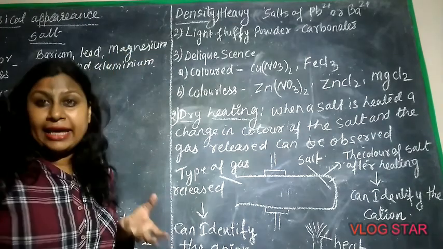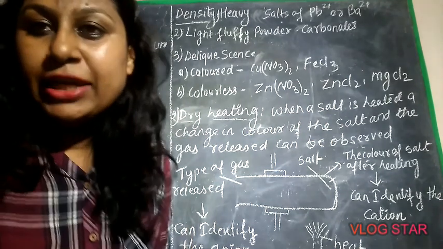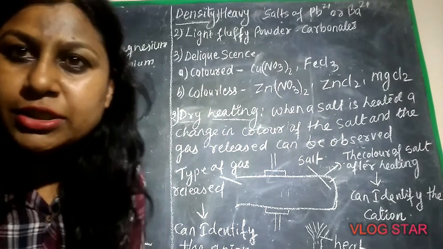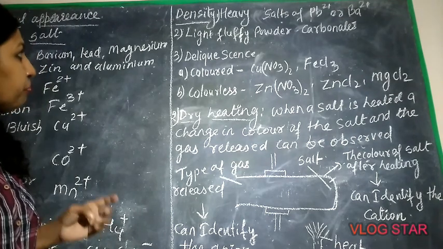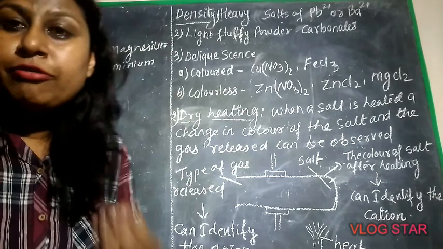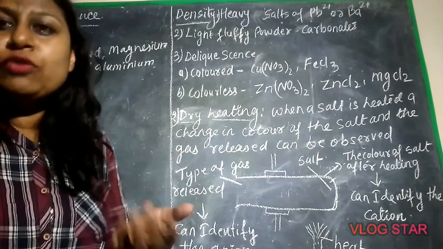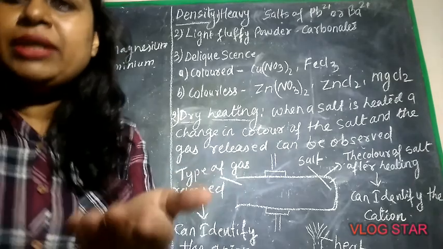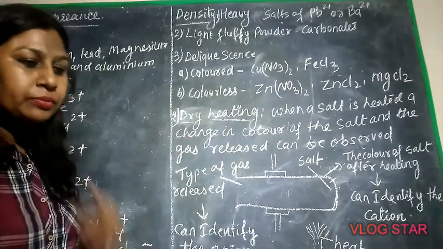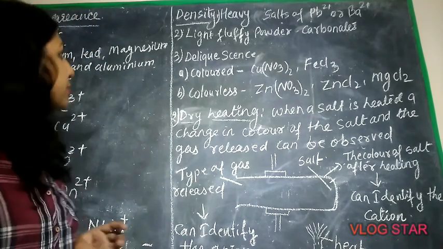If the salt is heavy, then it could be salts of lead or barium, Pb2+ or Ba2+. If the salt is a light, fluffy powder, which moves with a little bit of movement, then that is a carbonate.